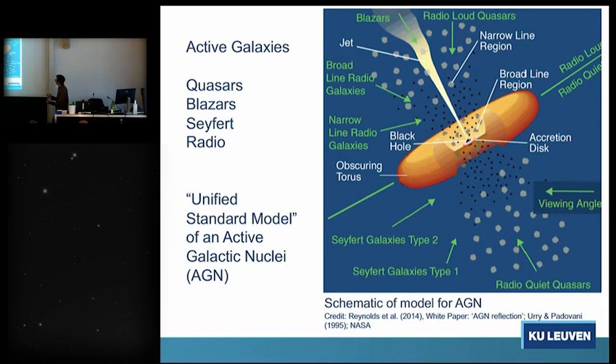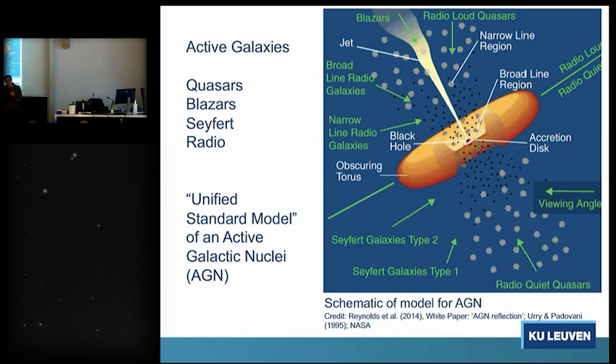Now, these active galaxies, we nowadays believe, whether it's a quasar, a blazar, a Seyfert, or a radio galaxy, are essentially, to zeroth order, projection effects. Yeah? And it also perhaps has to do with the luminosity and how we view it. Now, in this unified standard model for active galactic nuclei, we have a supermassive black hole in the center and then a small accretion disk around it.